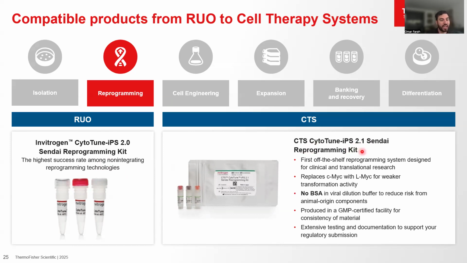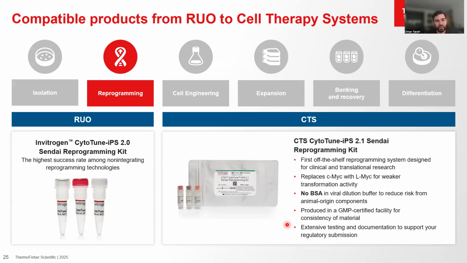It's pretty much exactly the same concept and idea as the RUO offering, or the research use only offering. But the reason why I'm bringing this up is there are slight changes that are made to these fit for purpose clinical reagents, right? That allow you to reduce risk that is associated with going to the clinic.